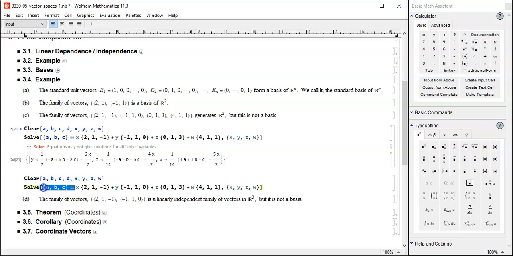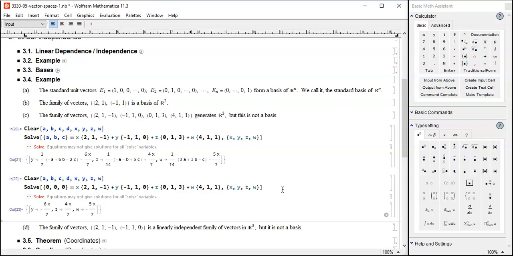So set these equal to (0, 0, 0) this time, and then is there a non-trivial solution? And yes, x is arbitrary, so plug in x as a non-zero value, say 1, then x is 1 and y is -6 sevenths, z is 4 sevenths, w is -5 sevenths.